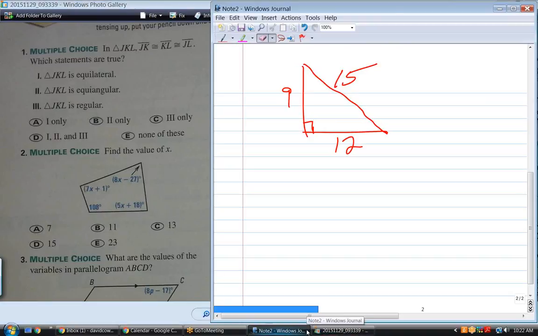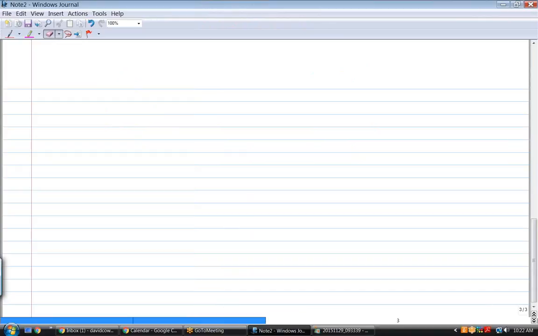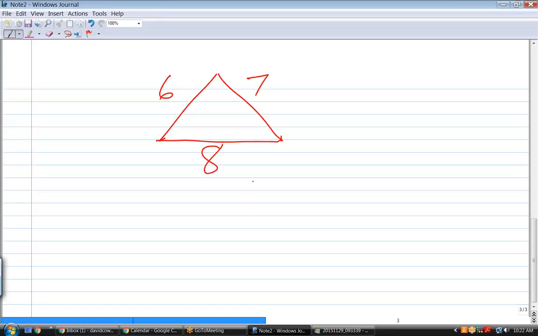Remember something about triangles. This is the key thing. The largest angle is always opposite the largest side. So if I have sides 6, 7, 8, this is the smallest angle, this is the next smallest angle, and that's the largest angle.